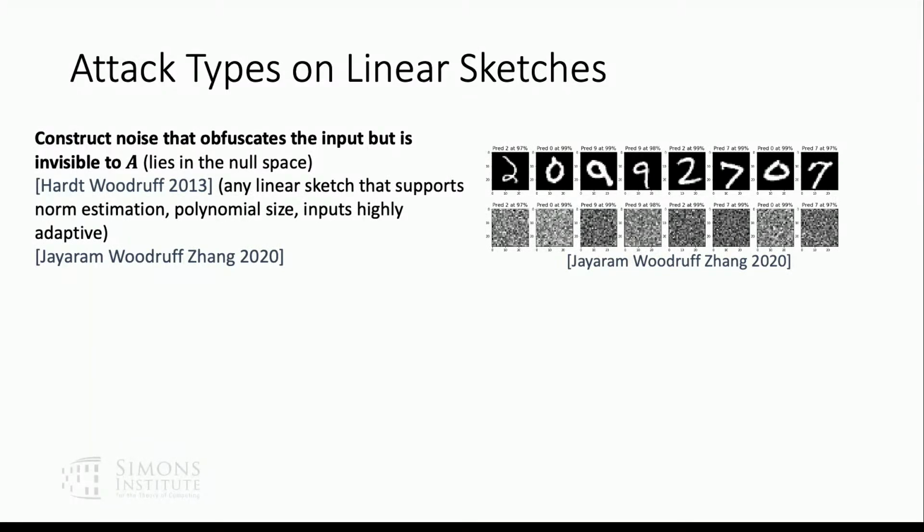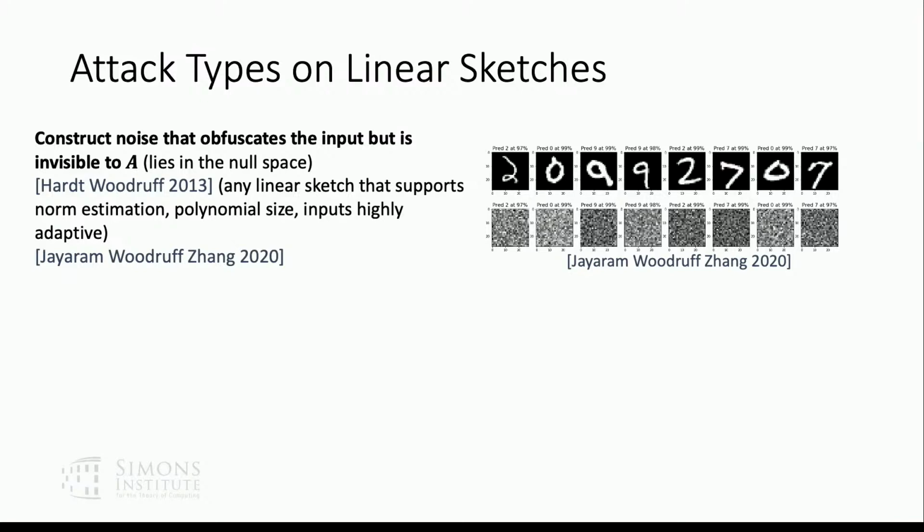The noise that you add can have a huge norm, but it falls in the null space. Theory work on linear sketches was by Hardt and Woodruff in 2013, and then there was a work in 2020 that actually tried it on MNIST.